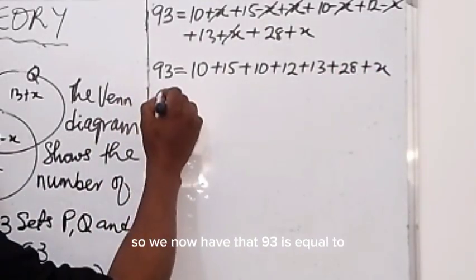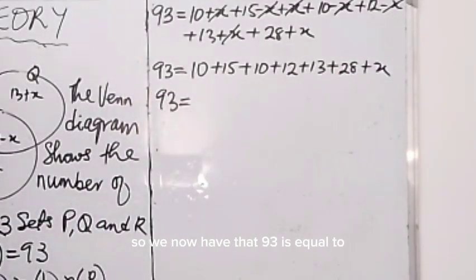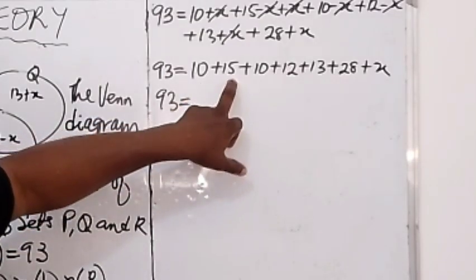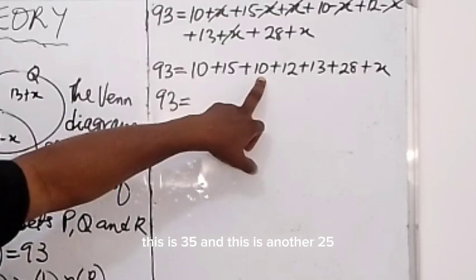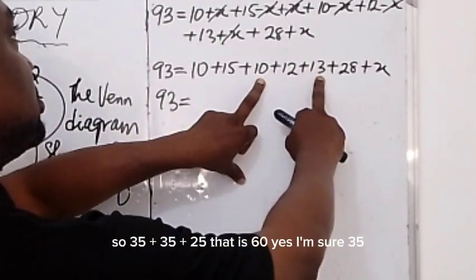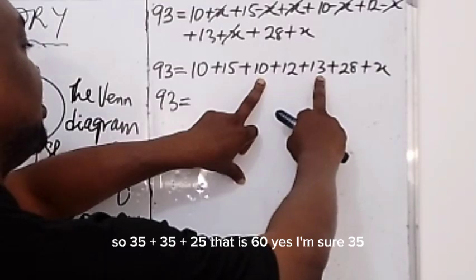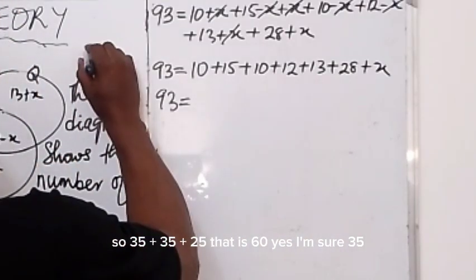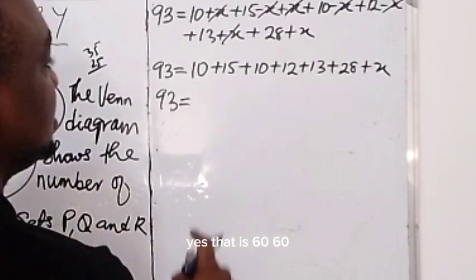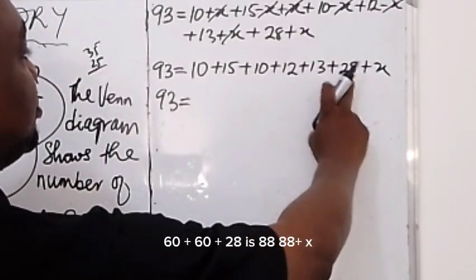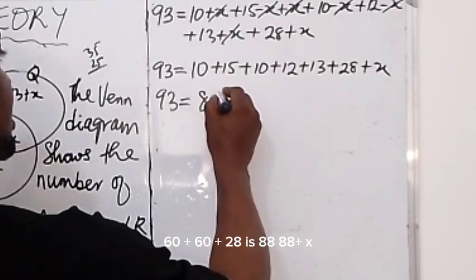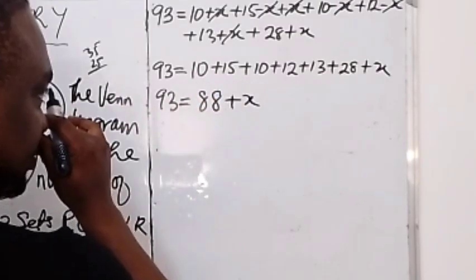So we now have that 93 is equal to, this is 25, this is 25, this is 35, and this is another 25. So 35 plus 25, that is 60. Yes, I'm sure. That is 60. 60 plus 28 is 88. 88 plus x.